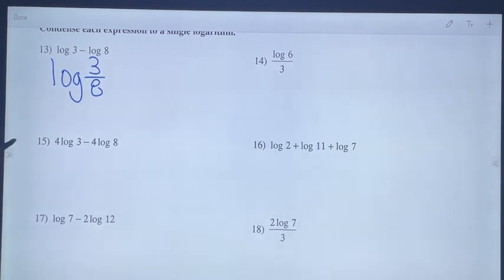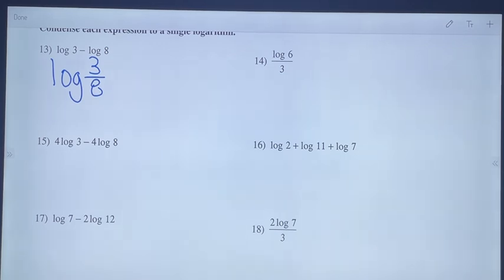If I had to condense this one, Q, what would you say this was? Remember, this is the expanded version, so now you have to put it back. Take it one by one. Look at 15, because I'm about to give y'all the rest of the sheet. If I got 4 log 3, how does that condense?